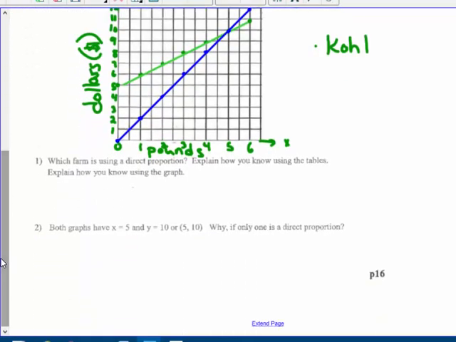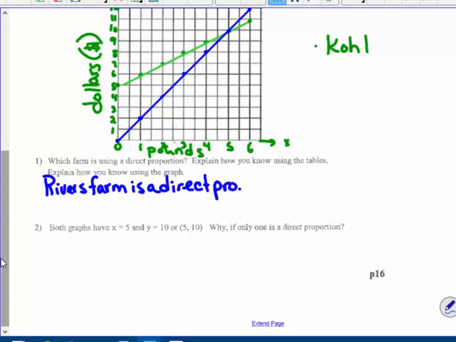Which farm is using a direct proportion? Explain how you know using the tables. Explain how you know using the graph. Well, Mr. Rivers' farm is a direct proportion. It starts at 0, 0. So I'm talking about the graph first.